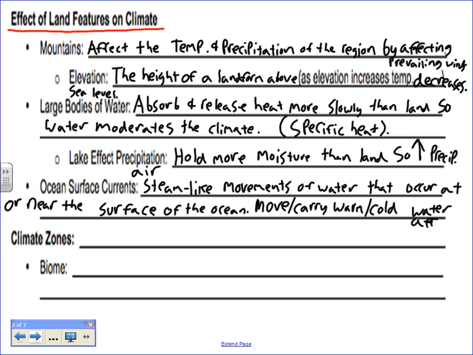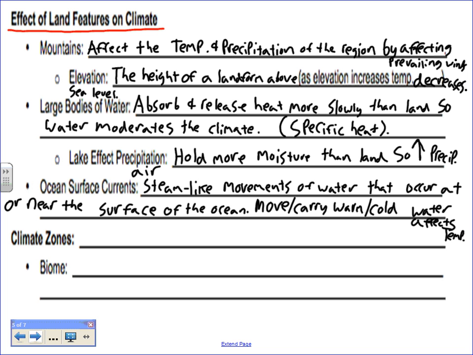Okay, so these are stream-like movements of water that occur at or near the surface of the ocean, and they move or carry warm or cold water, which affects the temperature.